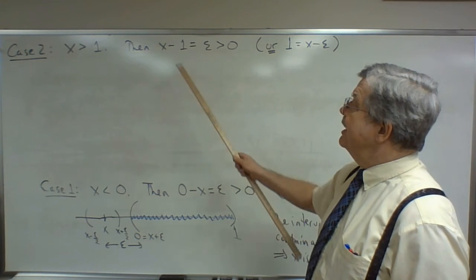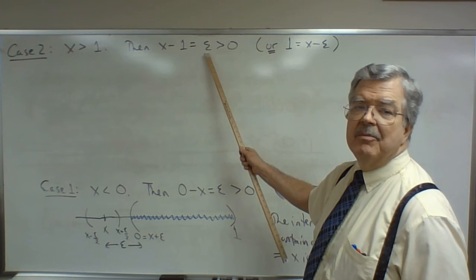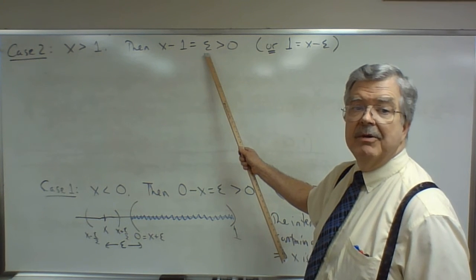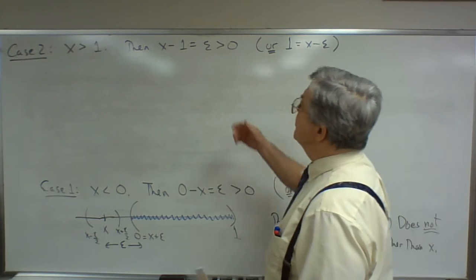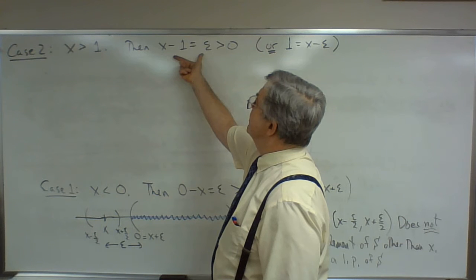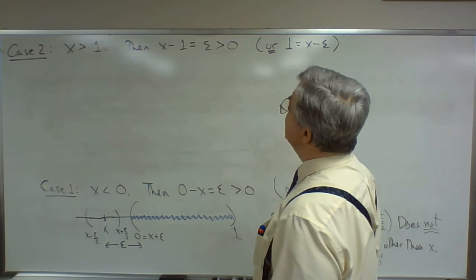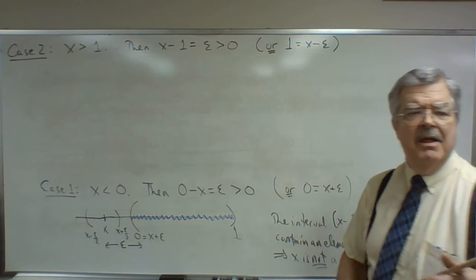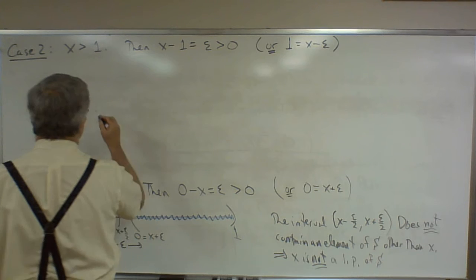And if x is greater than 1, then x minus 1 is equal to some real number greater than 0 that we'll call epsilon. And we can rewrite this equation so that we have 1 equals x minus epsilon. Let's draw a picture of what that will look like.